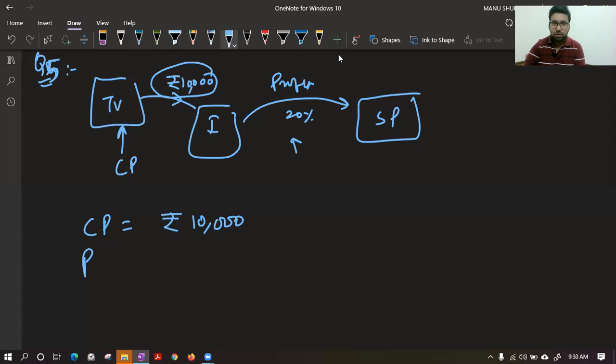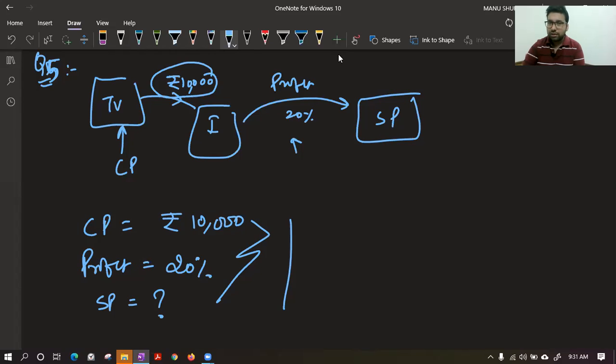So let me write profit is 20%. Now they are asking for the selling price. We have a formula containing these three things, and that formula is very simple. Profit equals SP minus CP. Tell me one thing, Avneet. Right now, can we put in these three values which are given to us?